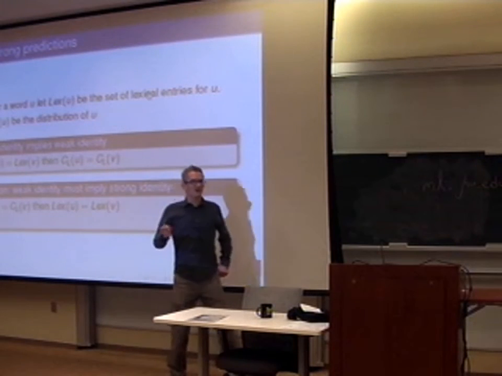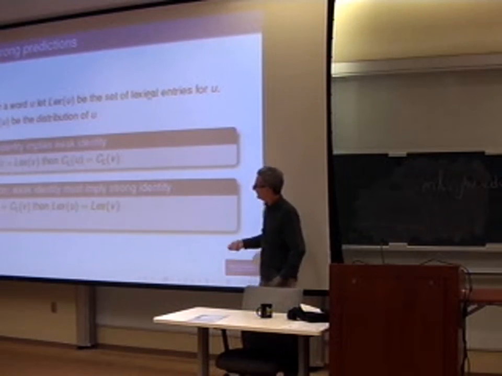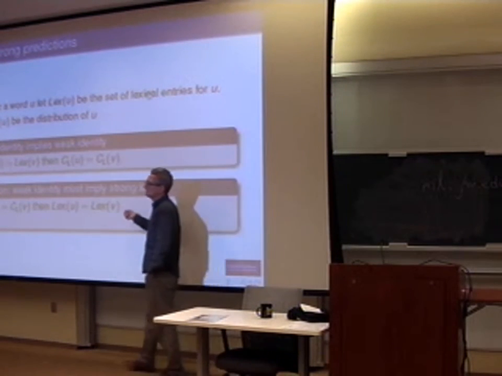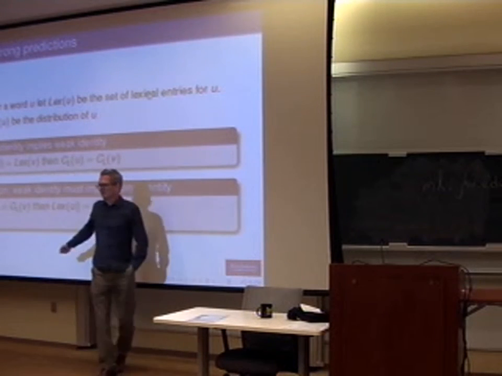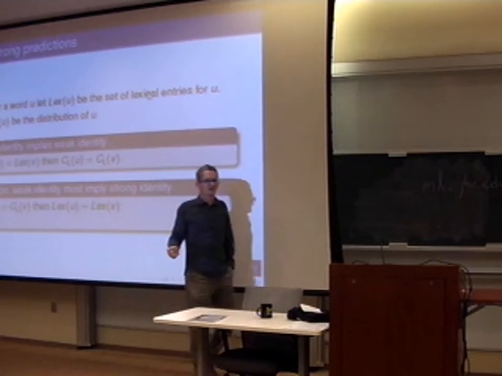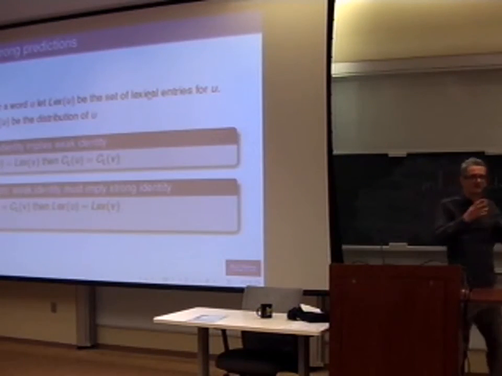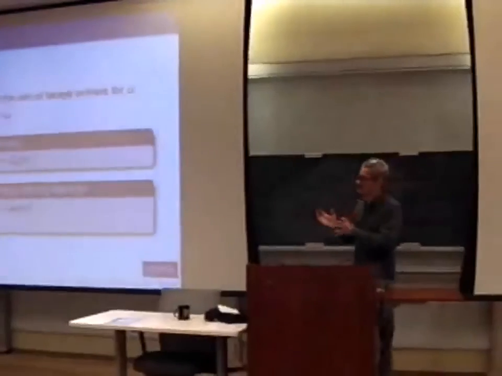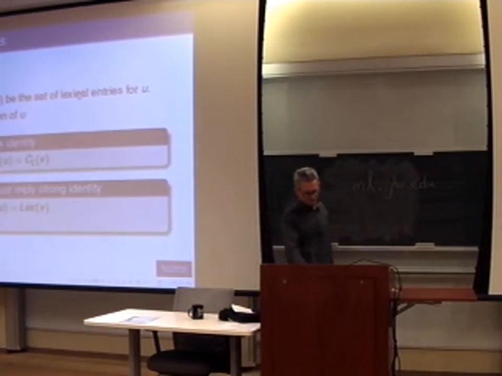What we can say now is that maybe we can predict the reverse is going to be true, that if two words have exactly the same distribution, then they have to have the same set of lexical items. Using this sort of technique, if these structures are the right sort of structures, then we would expect these sorts of predictions to be true.